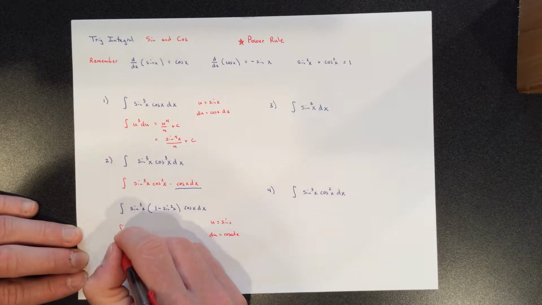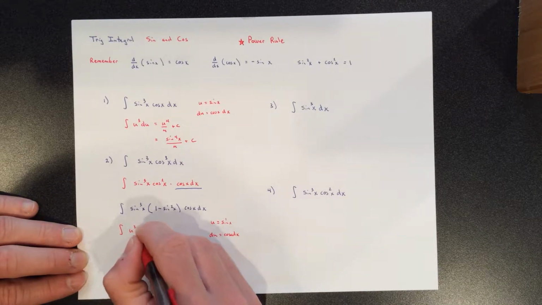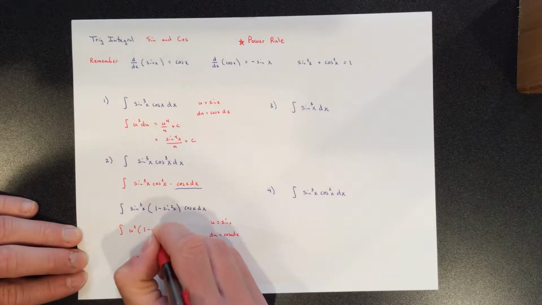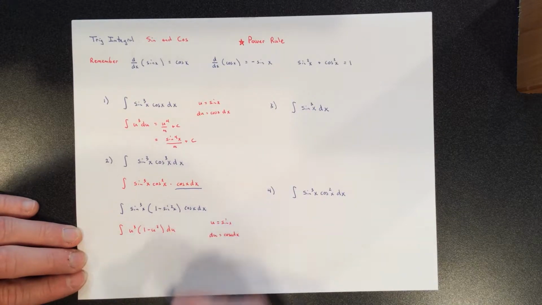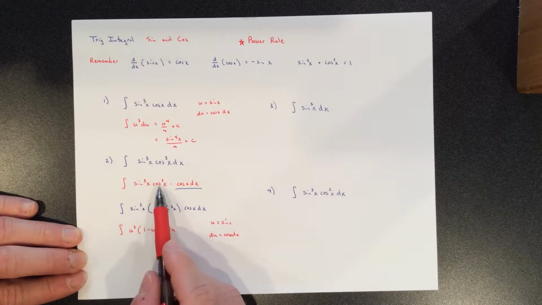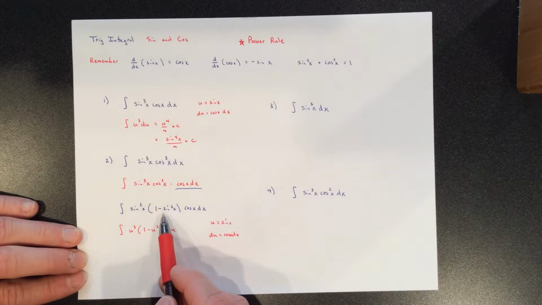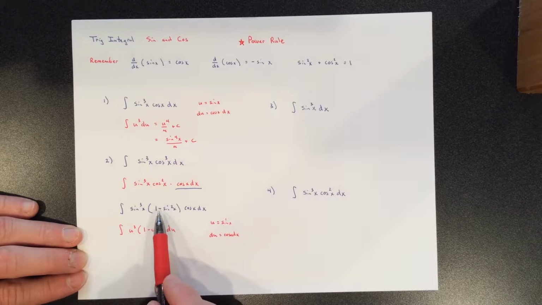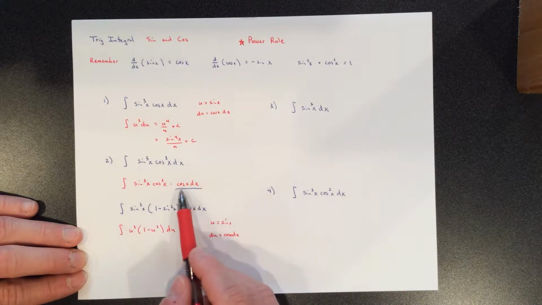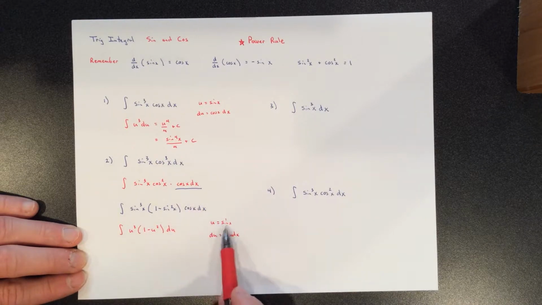And then what do I have here? I have u cubed times 1 minus u squared times du. I changed the cosine squared to a sine, fully knowing that I was going to use u as sine, and then this extra cosine x was going to be the du.